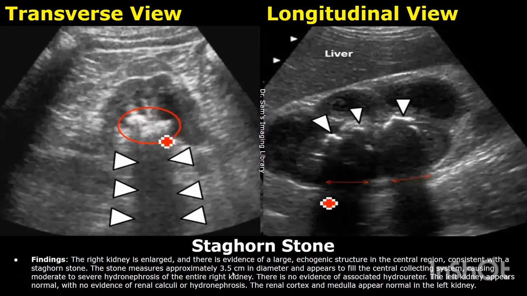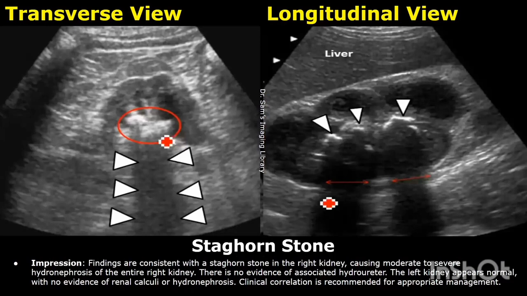And after that, you can write the size of the stone and its location. And if it is causing hydronephrosis, you can write that. In this case, it was causing moderate to severe hydronephrosis of the entire right kidney. And if there is hydroureter present, you can write about that. Then you can write about the appearance of the other kidney.